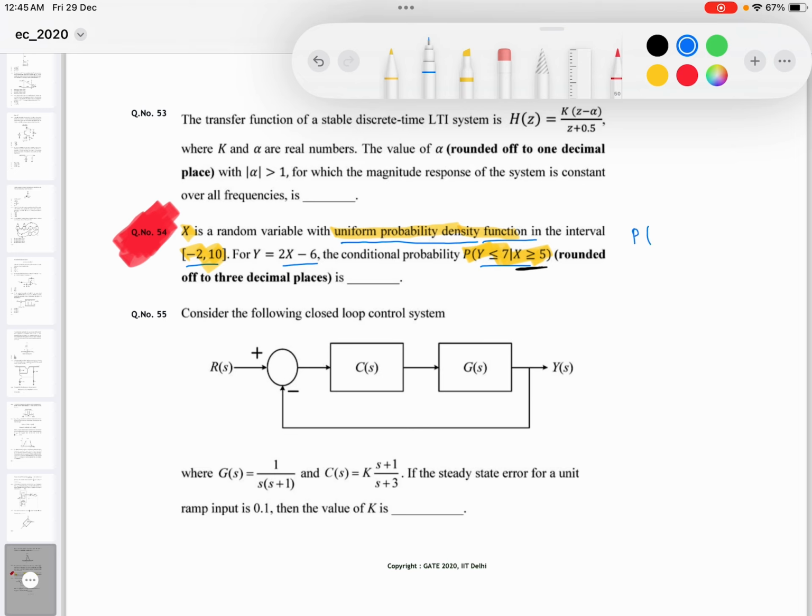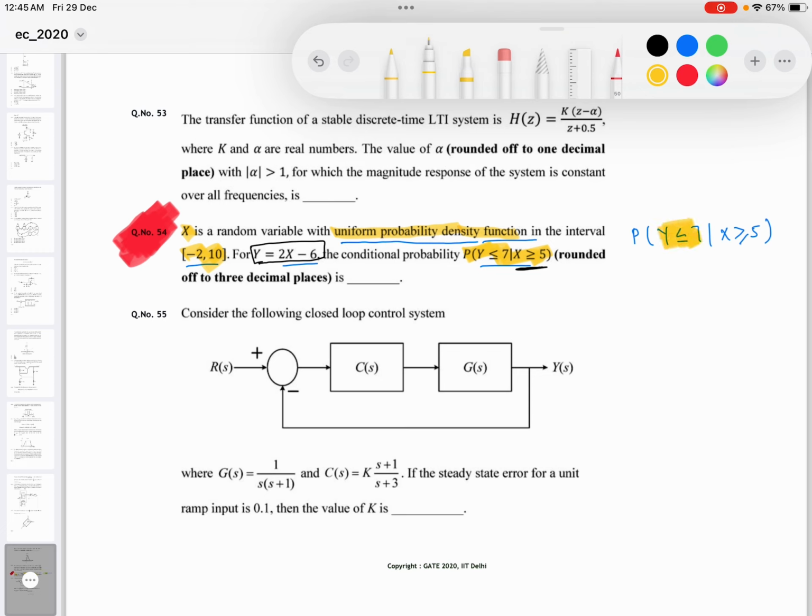First of all, the conditional expression that we have is this: we have to find the probability that y is less than 7 given that the random variable x is greater than 5. So in this case, first of all, you can make use of this relation, and you can write your complete probability in terms of x.